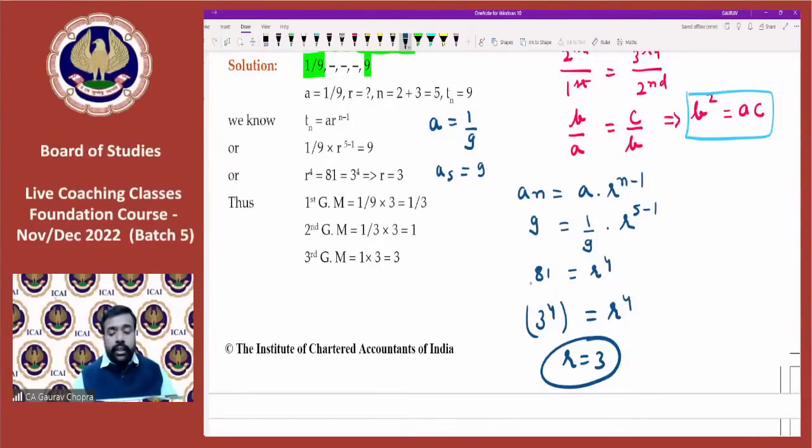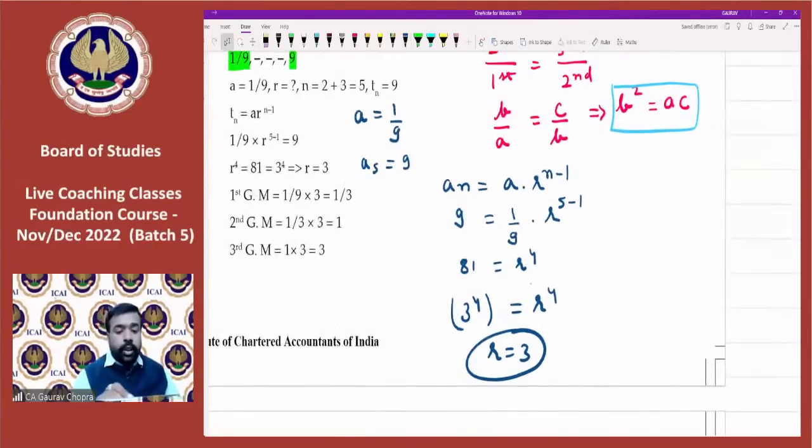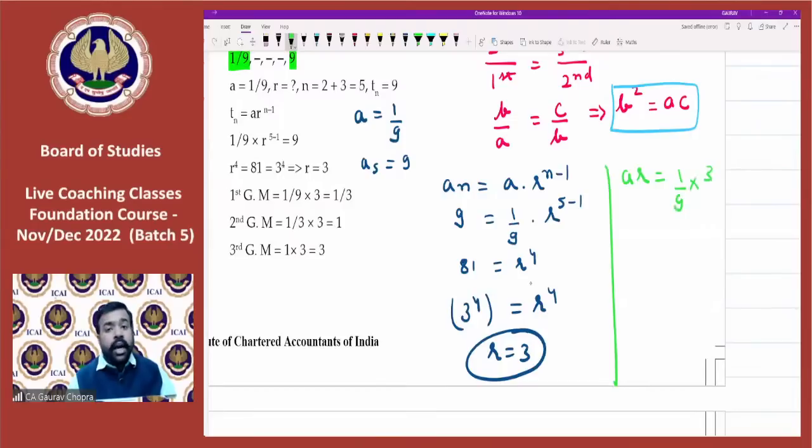Okay, so now we can calculate the second term. How to calculate the second term? The second term is A multiplied by R. The first term was 1 by 9 and R is 3. We will get 1 by 3. This is the second term. What about the third term? The third one is AR square, that is 1 by 9 multiplied by 3 square.